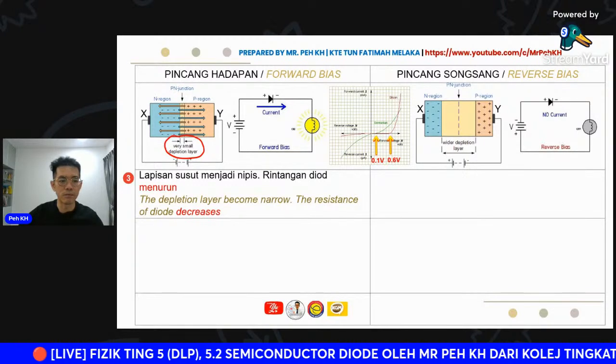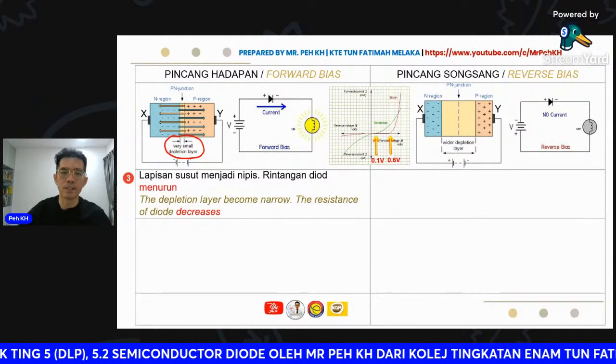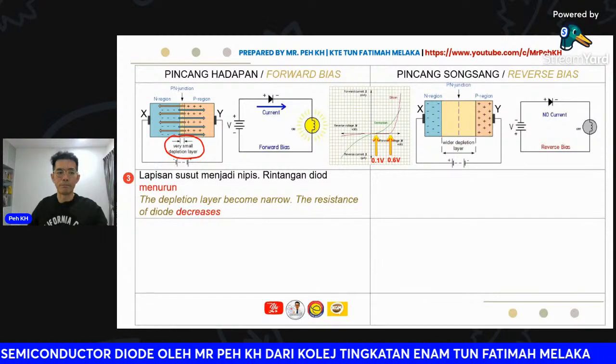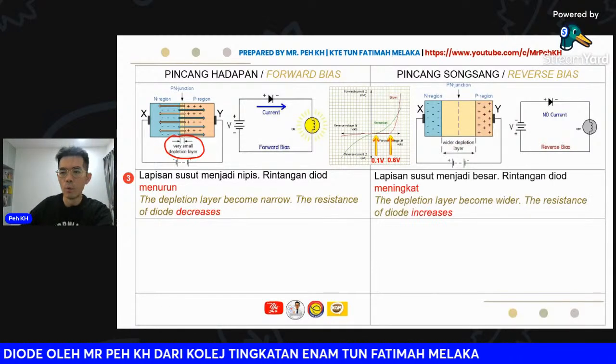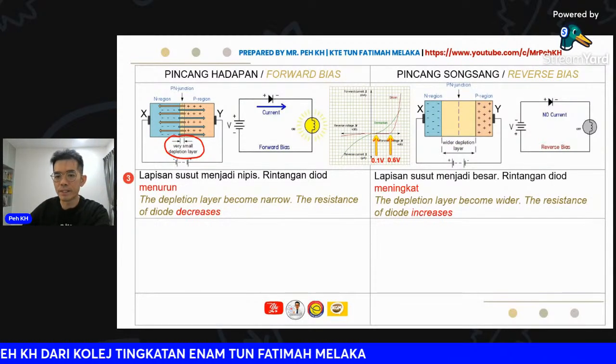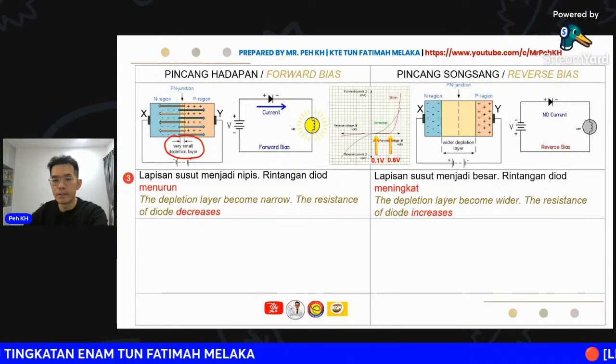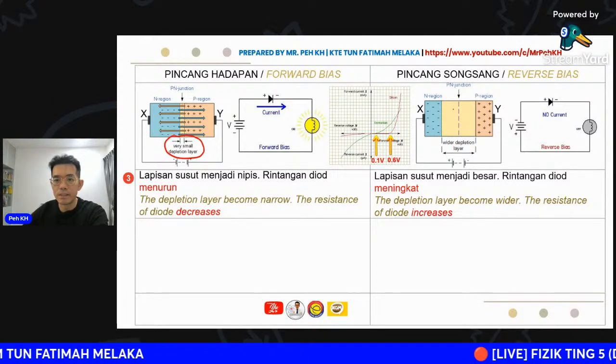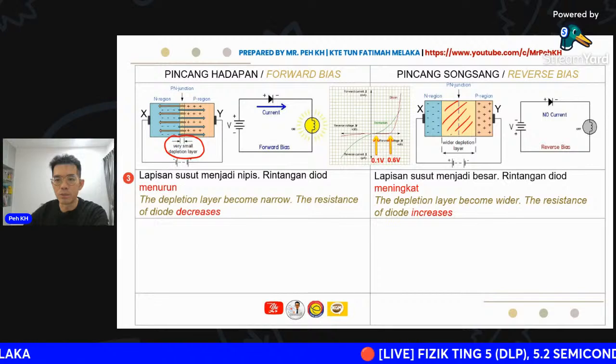So the resistance will decrease and cause the current to flow, and the bulb will light up. While for the reverse bias, you may see that the depletion layer, the yellow colored part, is wider.